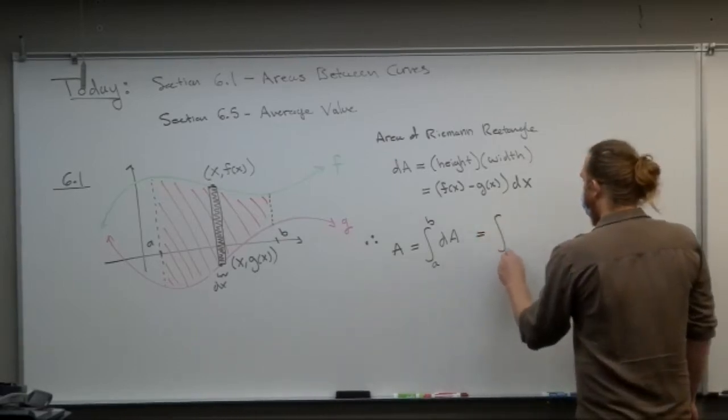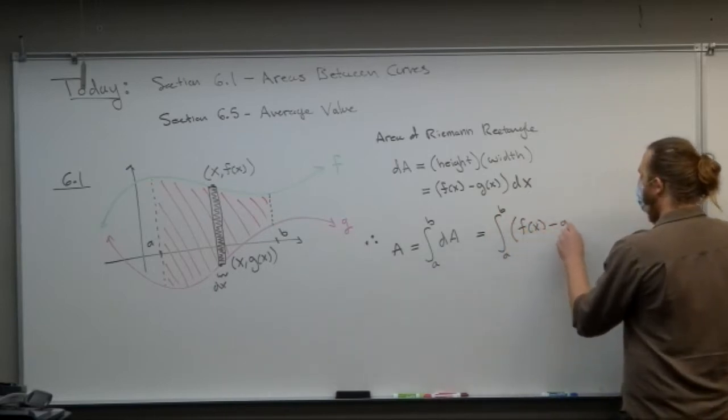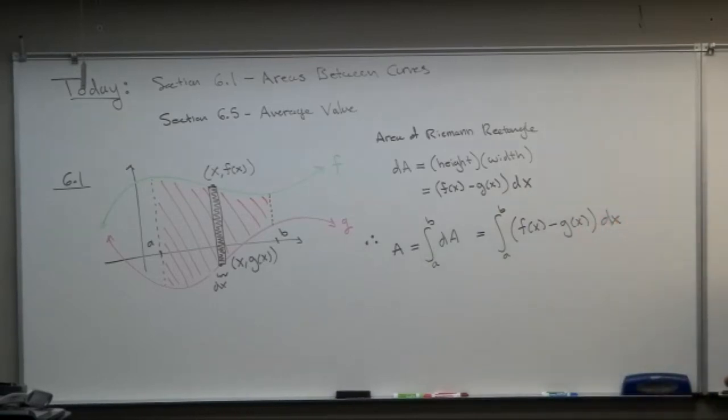So this is the integral from a to b of f of x minus g of x dx. And that's your formula, that's your recipe. So if you want to find the area between two curves, as long as both curves give y as a function of x, right, as long as both those curves pass that vertical line test, you can calculate the area between the curves in this fashion.